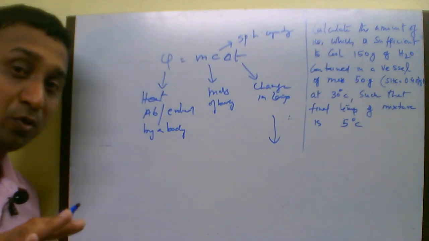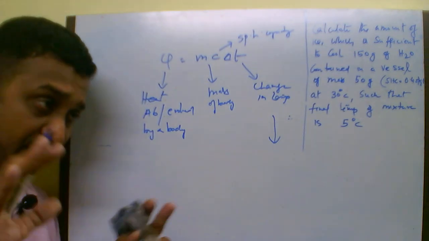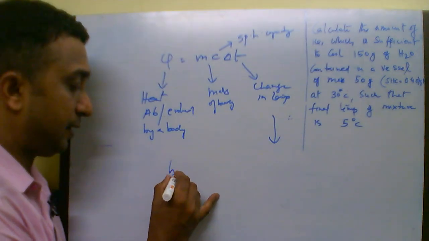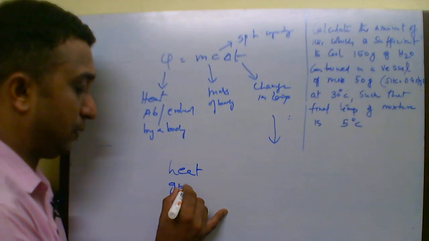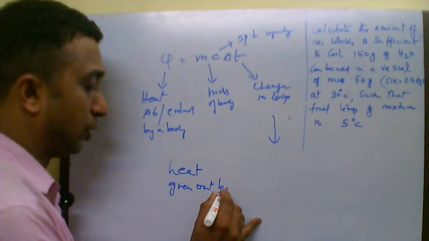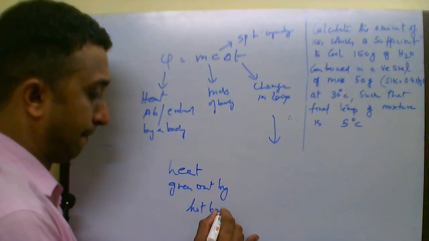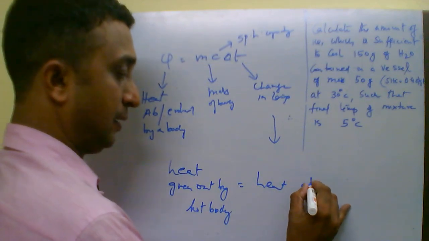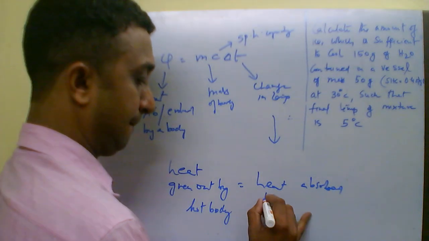So if you close down all the ways in which heat can be evolved into the atmosphere, then you can say heat given out by the hot body is equal to heat absorbed by the cold body.